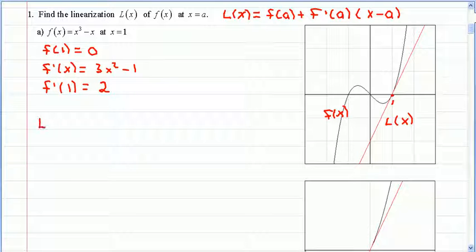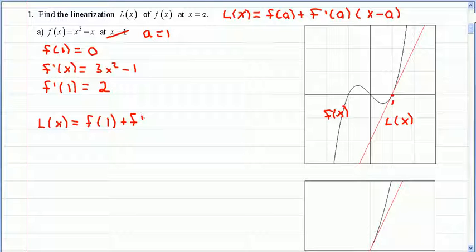Now I substitute these values into the formula for linearization: f of a is f of 1. All of these a's that you see in the formula are just this value x equals 1, so it's really a equals 1.